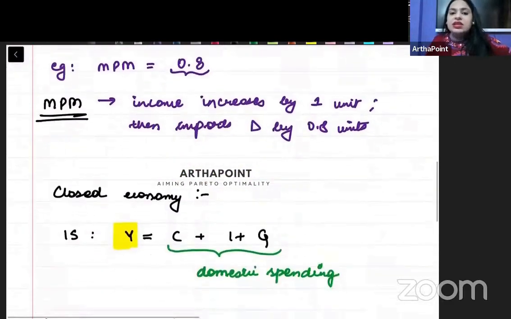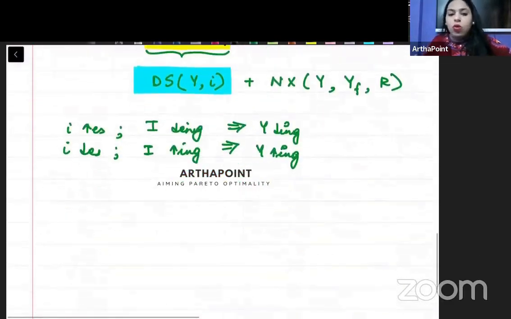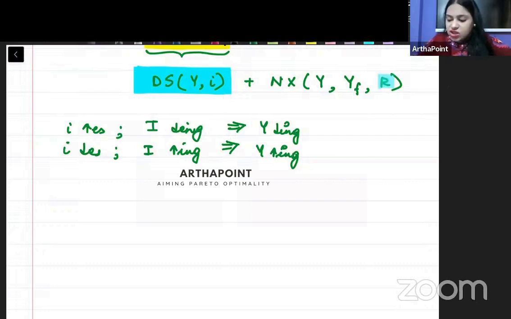So when we go towards the open economy IS curve, जब हम open economy के IS curve की बात करते हैं, then net export is also a component of aggregate demand, right? And our exchange rate is also affecting our IS curve now, and the foreign income is also affecting our IS curve. बाकी बाय तो पहले भी था IS curve में, but now it is being affected by R and the foreign income also, right? Clear है बात?